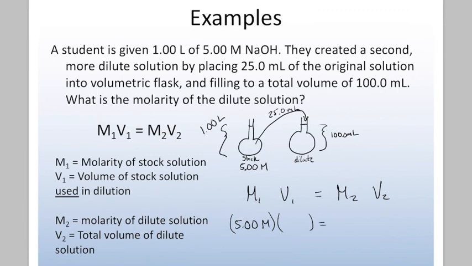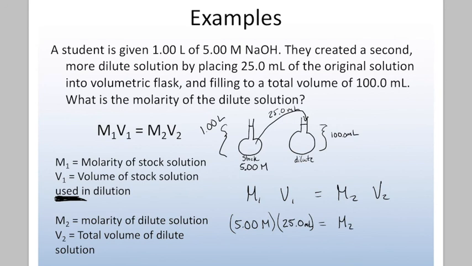A lot of people would be tempted to say 1 liter, right? Because that's how much of that stock solution we have. But again, it's not how much we have total, it's how much we actually use in this dilution. So this would actually just be 25.0 mLs. That's what's being used in the dilution.